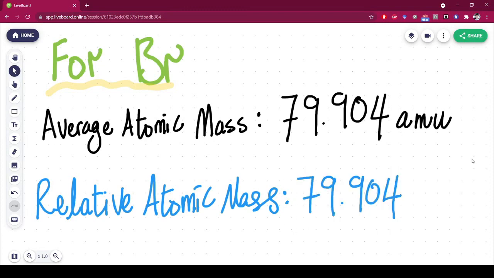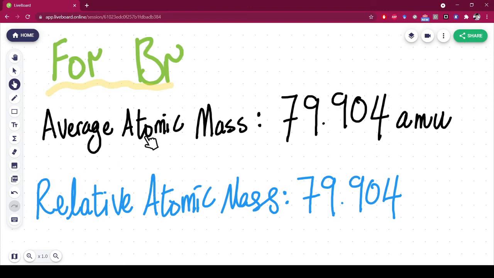So the relative atomic mass of bromine will be the same number or magnitude, 79.904. But the difference over here is the existence or the absence of units.